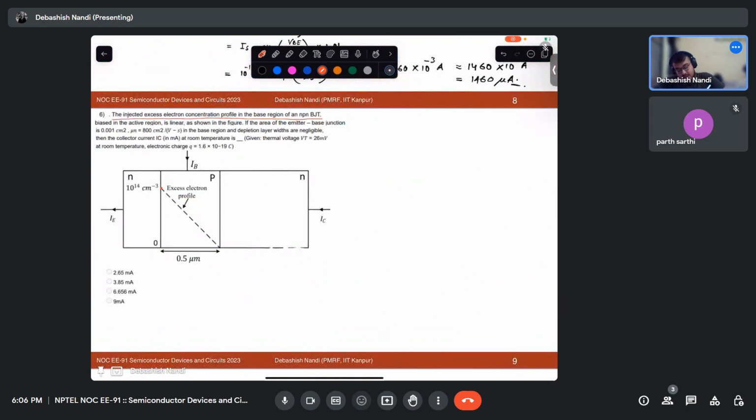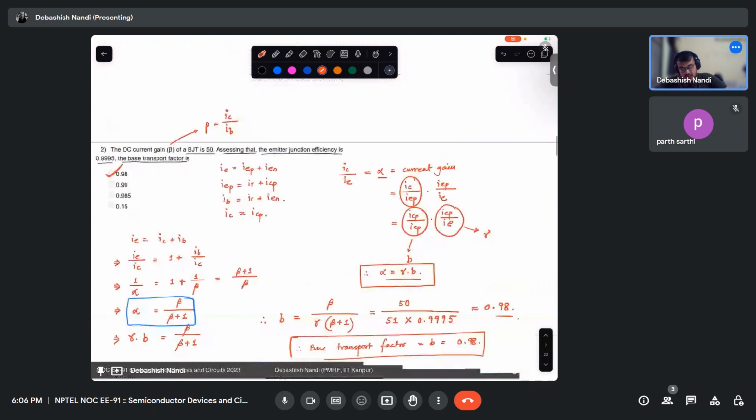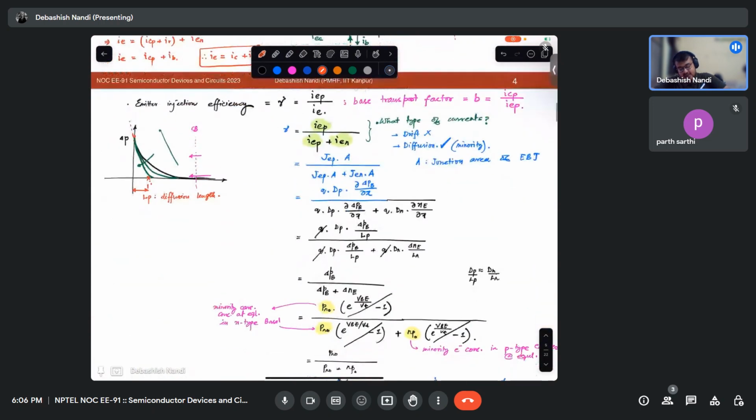Now, what they are telling is that your excess carrier decays exponentially under the diffusion approximation, but they are taking it as linear, right? The thing we have discussed earlier also. If your base is very small, how can you tell that?